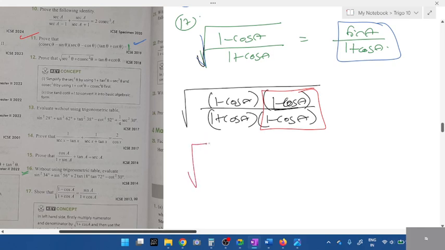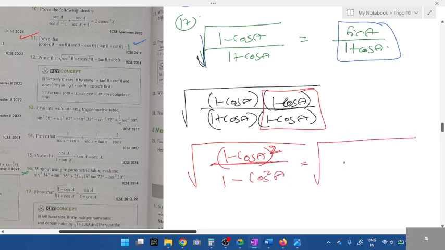Okay, now numerator, how many times is 1 minus cos A multiplied? Twice. So can I write 1 minus cos A the whole square? Okay, denominator, how does it look? Yes, A plus B into A minus B, right? So A square minus B square. A square is 1, minus what is B square? Okay, what is 1 minus cos square A?